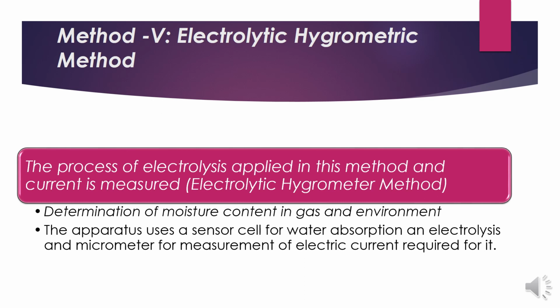The sensor checks the absorption of the water and causes the electrolysis, and the micrometer checks the current required for the electrolysis of water. In this way you can determine water content in a gas specimen, or in simple words, the environmental moisture content level, by using the electrolytic hygrometer.